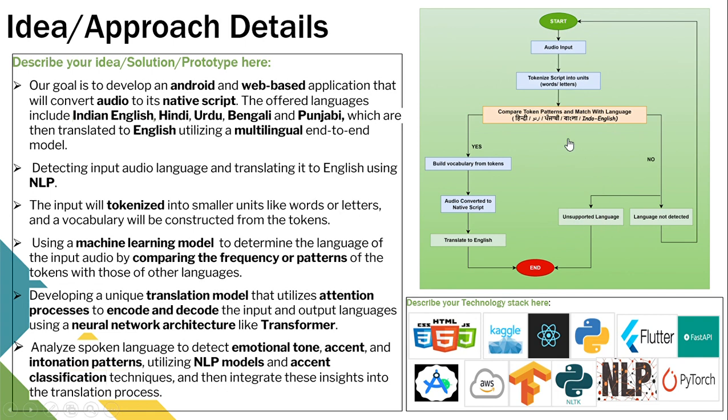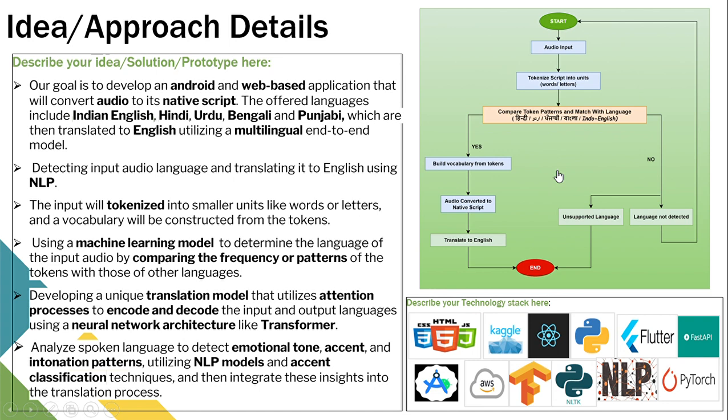So in case the user faces certain issues, we have classified the errors in two categories. The first category is whenever the user chooses a language other than these five, then we'll flash an error of unsupported language.